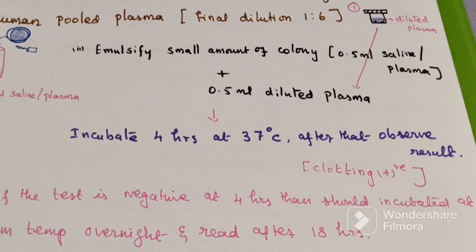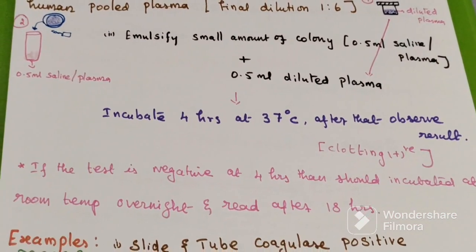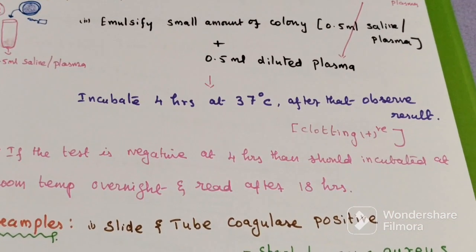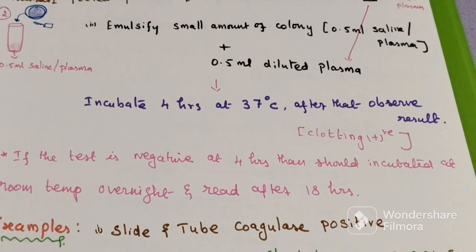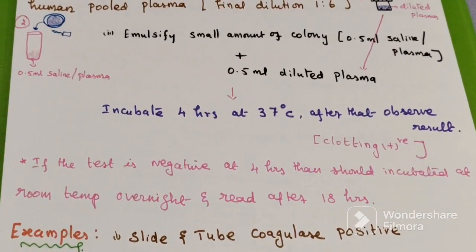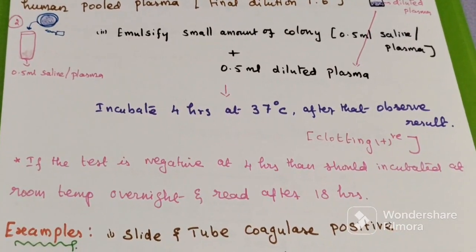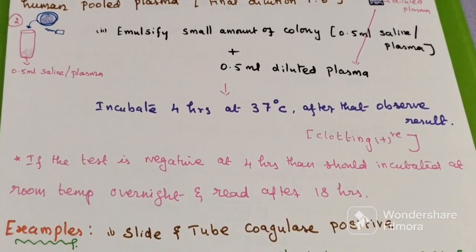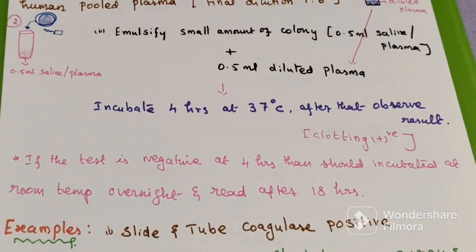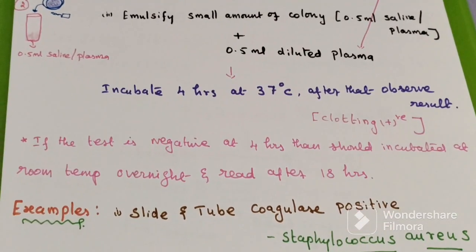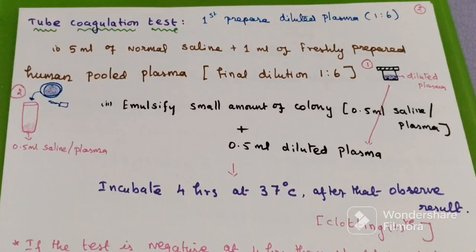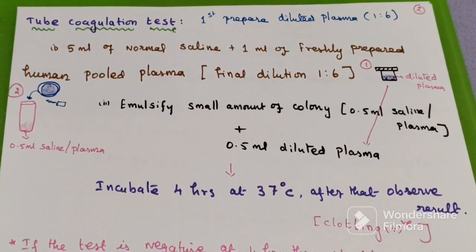Then incubate for 4 hours at 37 degrees Celsius. After that we will observe the result. Clotting indicates positive, otherwise negative. If the test is negative at 4 hours, then it should be incubated at room temperature overnight and read after 18 hours. So this is the tube coagulase test.